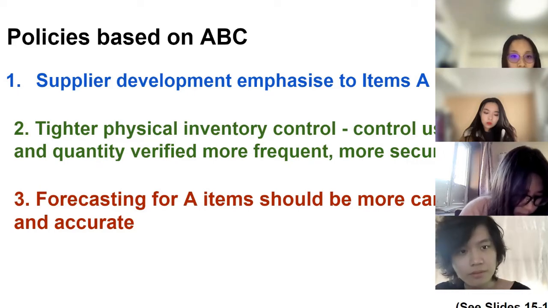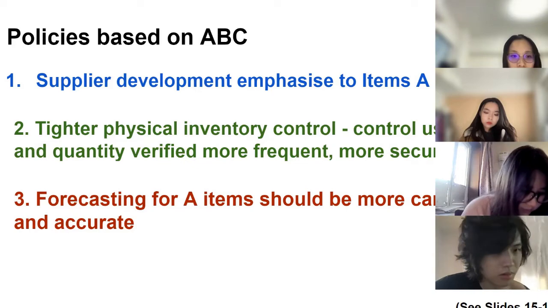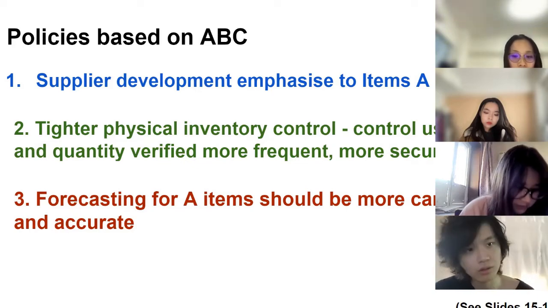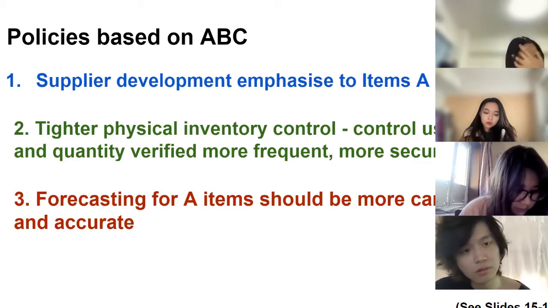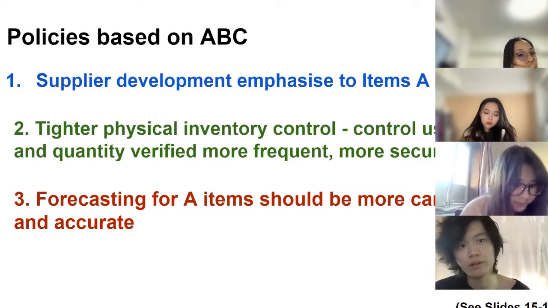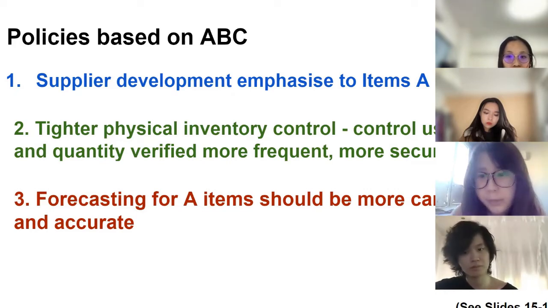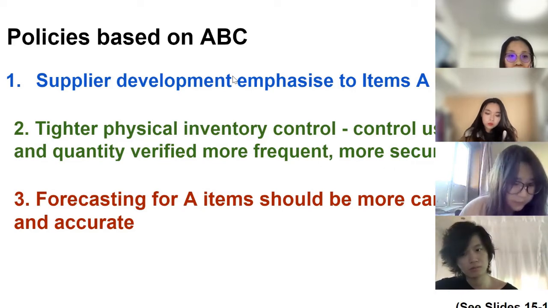The item is already obsolete because they have introduced a new model, so the spare part becomes obsolete. It's a cost because the obsolete spare part cannot be used for the new model. So A item forecasting is very important. You can relate to the policies that are based on ABC analysis.